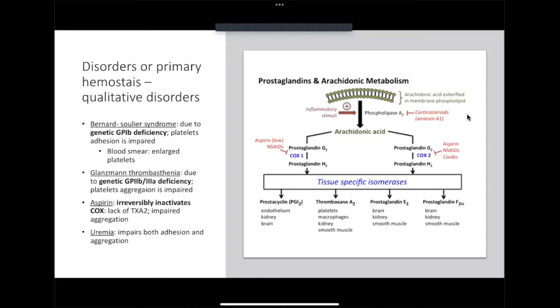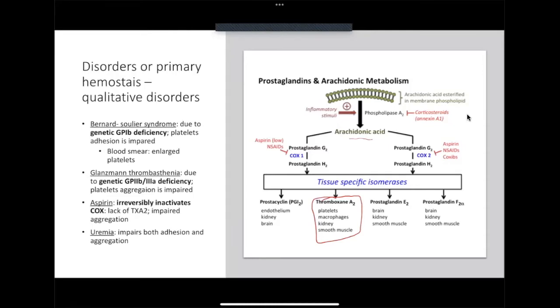Sorry, you have arachidonic acid here, and then via COX-1 and COX-2, they are formed into the prostacyclins. So if aspirin irreversibly binds this and inactivates it, then you don't have any thromboxane A2 anymore. That's unfortunate. And uremia also impairs both adhesion and aggregation.